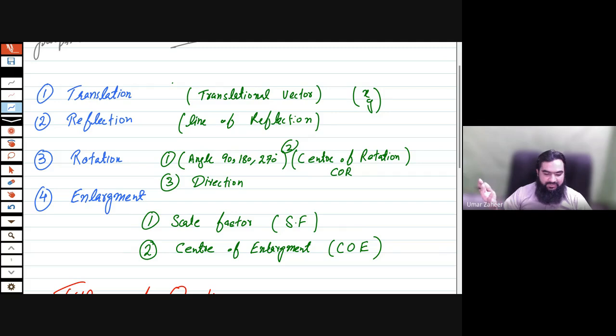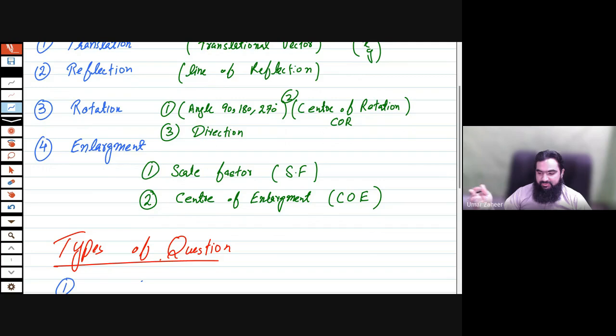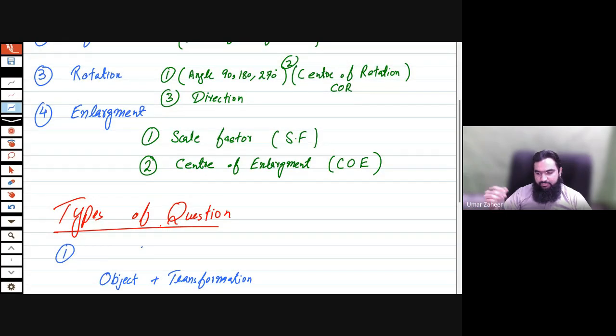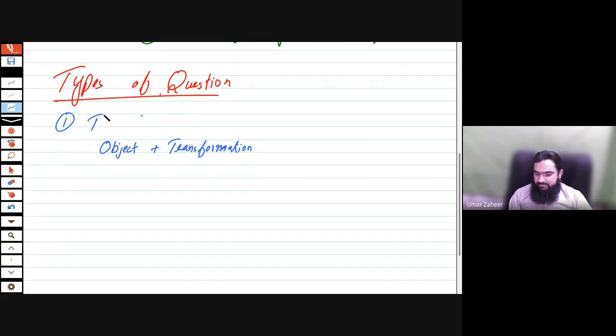If he says do the reflection, the examiner gives you the line of reflection. If the examiner says you have to do the rotation, the examiner gives you the angle, center of rotation, as well as the direction. In the same way, if the examiner says you have to do the enlargement, you must have the scale factor and center of enlargement. So the first type of question is: transform the object, using the transformation, to make the image. The second type, the examiner says describe.